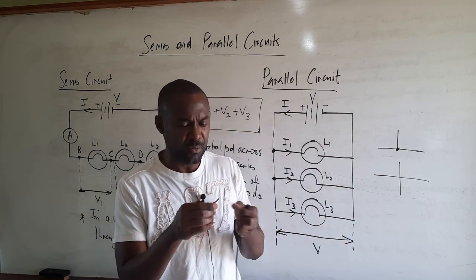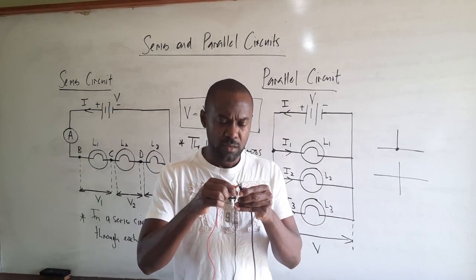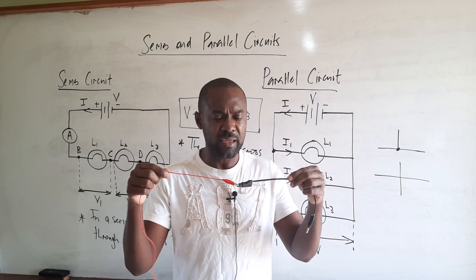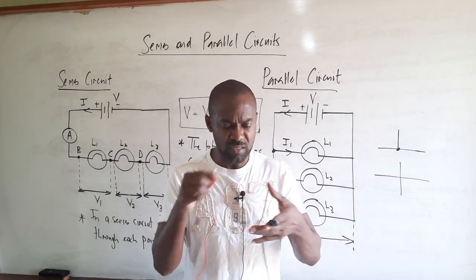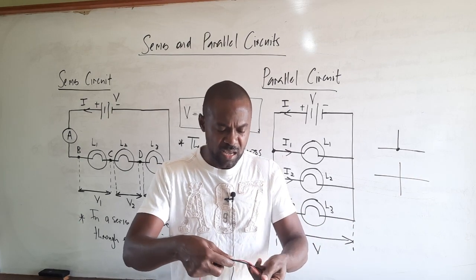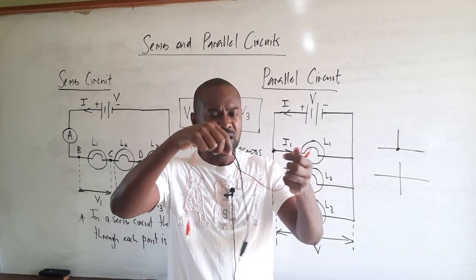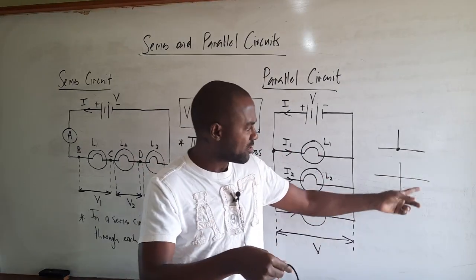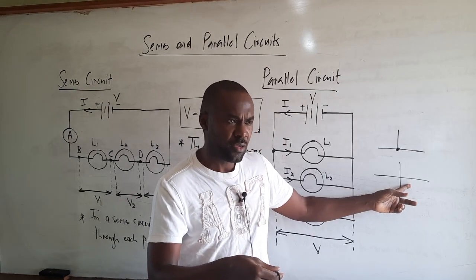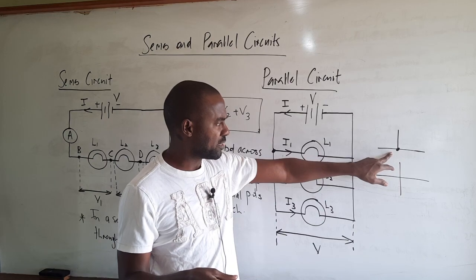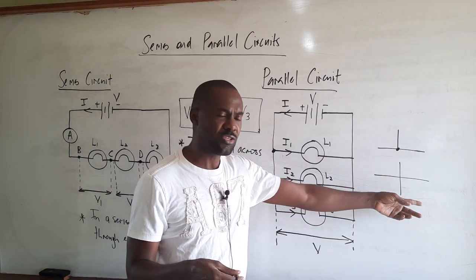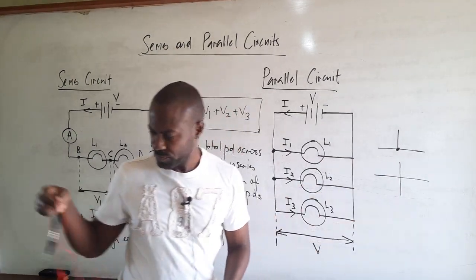For them to be connected, they would be connected like this, and this would represent a junction. However, if this wire simply crosses over this one like this and goes on to be connected somewhere else, then this would represent the wires crossing, which is indicated by this, right? So we need to be able to differentiate between a junction where two wires are connected and where the wires simply cross over each other.